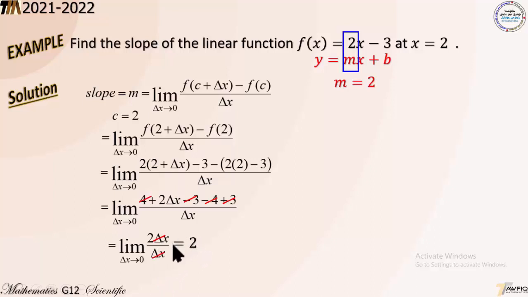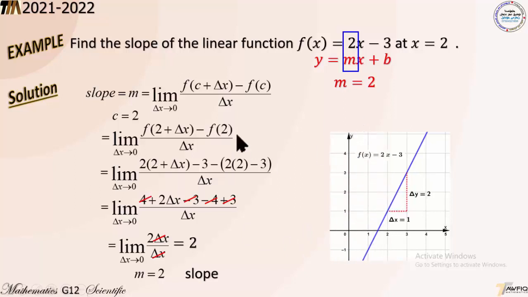As you see here, the slope is 2, and here the slope is 2. And if we draw the graph of the function, you can see it this way. If x is 2, then 2 times 2 is 4, 4 minus 3 is 1, then the point is (2, 1). And if we take x to be 3, 3 times 2 is 6, 6 minus 3 is 3, then the point is (3, 3).